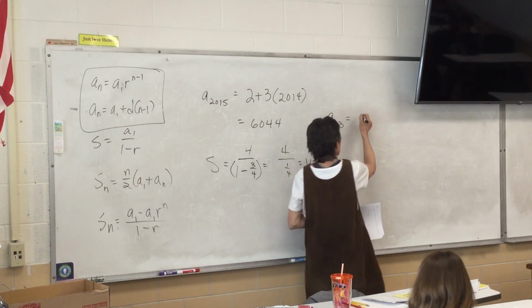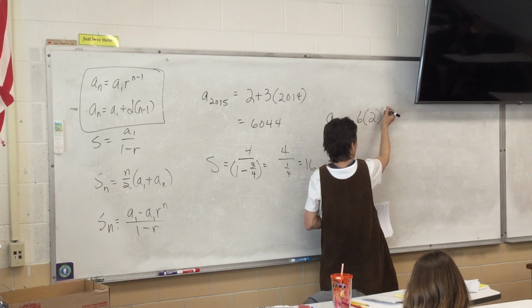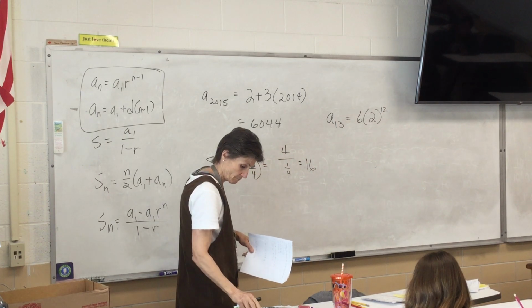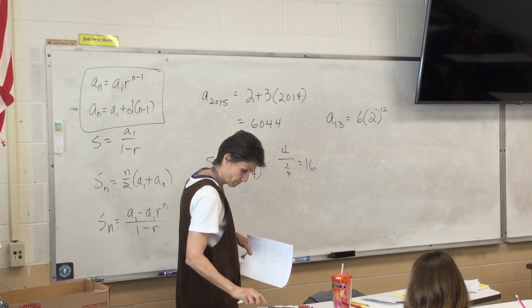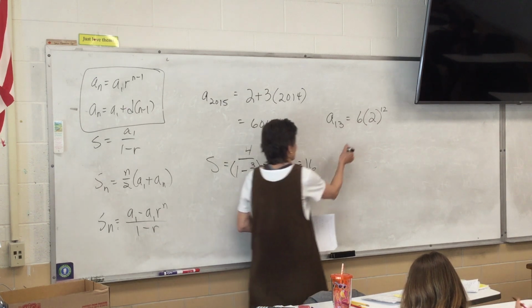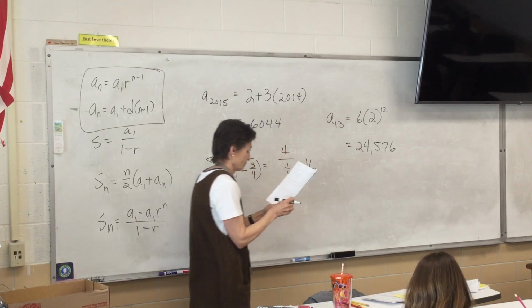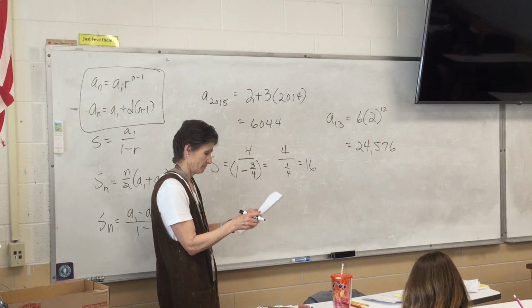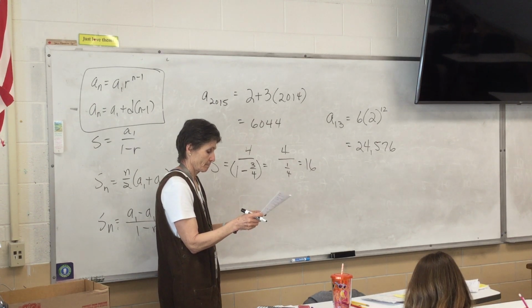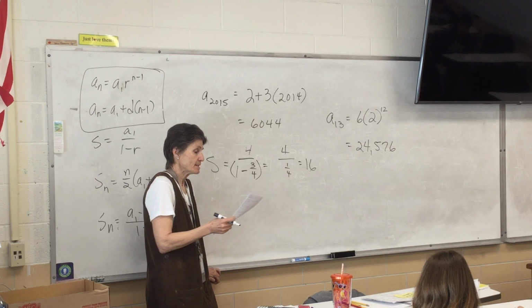And the top one says take the first term times the ratio to what power? 12, n minus 1. $24,576. Any questions? Easy peasy, all right.